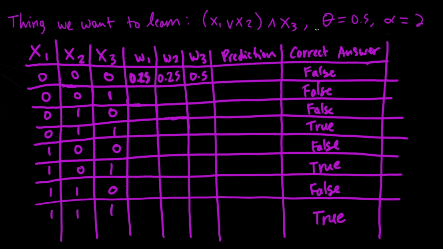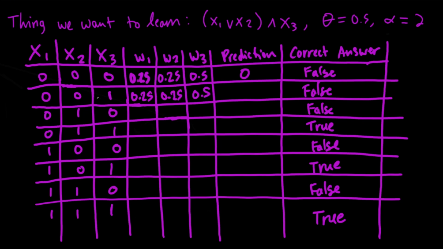Okay, so now I want to go ahead and run through the algorithm with our newly accumulated weights, and we're going to see how accurate we are after obtaining these new weights. So let's go ahead and do this very quickly. None of this is going to add up in the sum because all the features are 0, so we predict 0. 0 is correct, so we are not going to modify the weights. So we put 0.25, 0.25, 0.5.